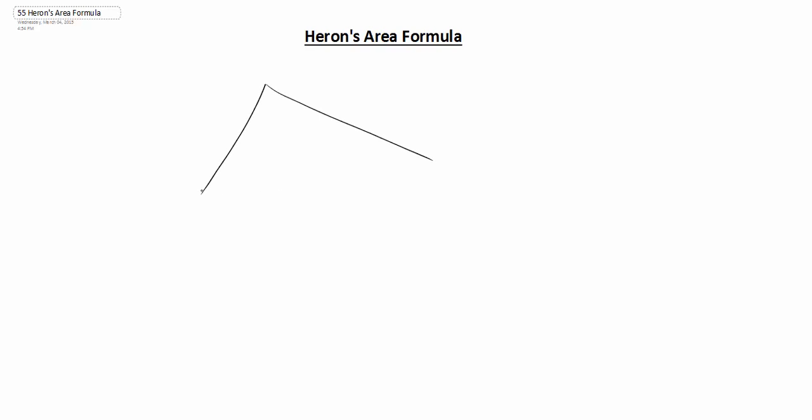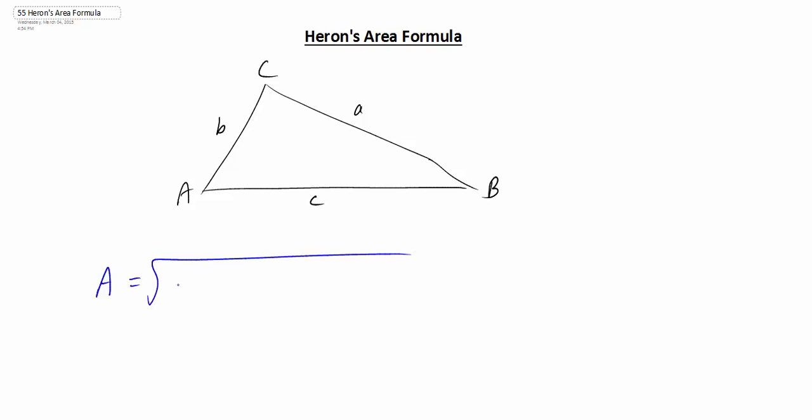So if we're given our triangle ABC, and we have sides A, B, and C, Heron's area formula tells us that we can calculate the area of this triangle by taking the square root of S multiplied by S minus A multiplied by S minus B, and that's multiplied by S minus C.